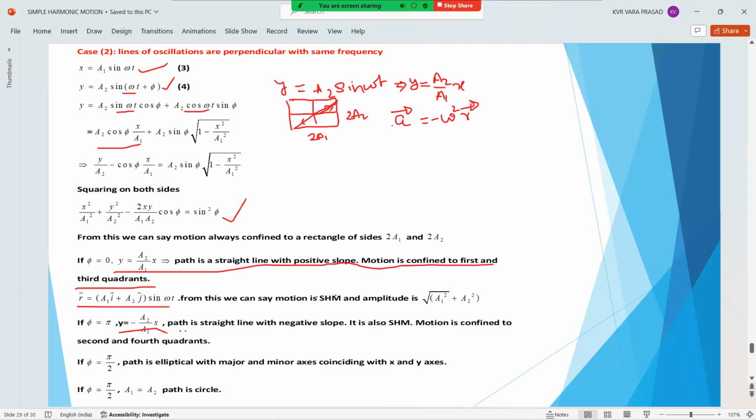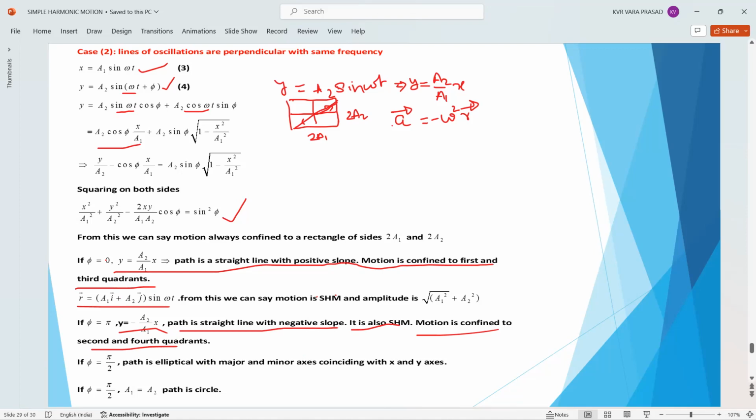That means again the path is a straight line with negative slope. It is also SHO. Motion is confined to second and fourth quadrants. So the conclusions we have given for phi equal to 0 are the same. In both the cases, the path is a straight line, oscillatory and simple harmonic, and its amplitude is square root of a1 square plus a2 square.